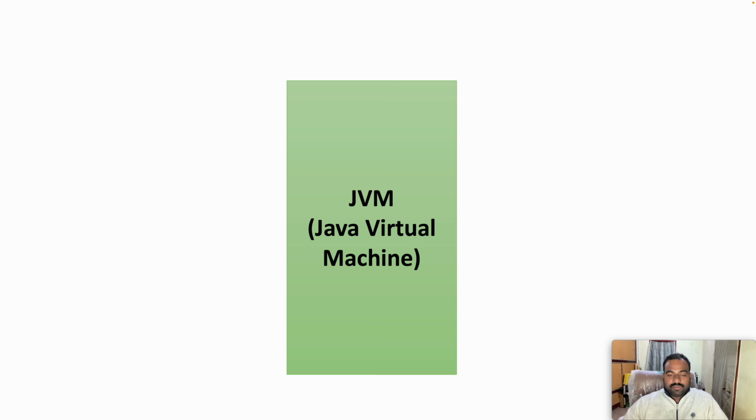The JVM is the core process, the main component for running a Java application. It is a kind of virtual machine to execute our process or functionality. That is called the JVM.